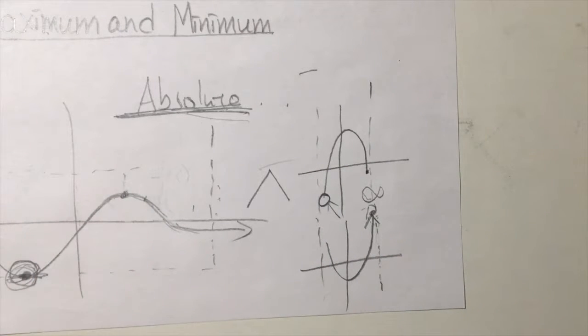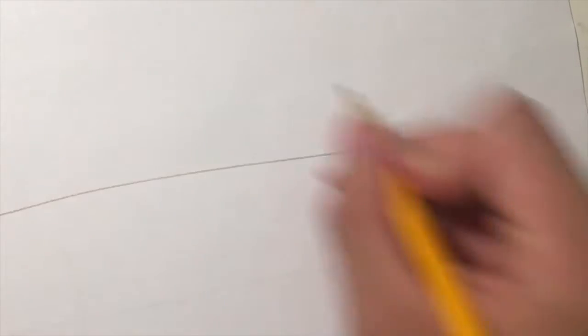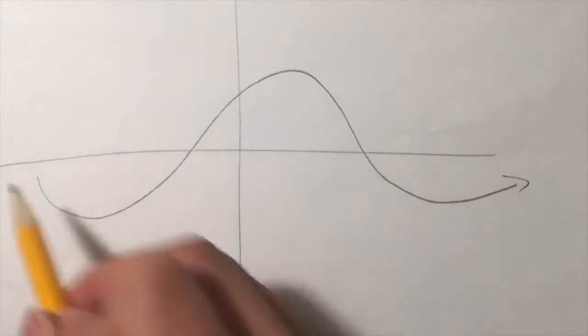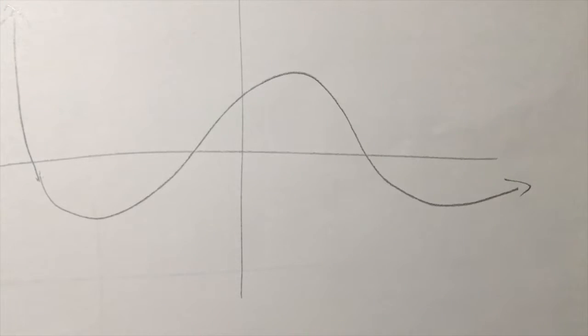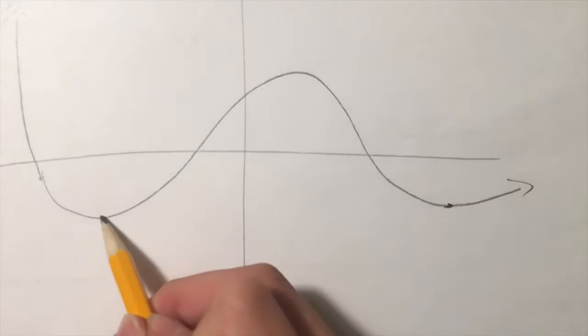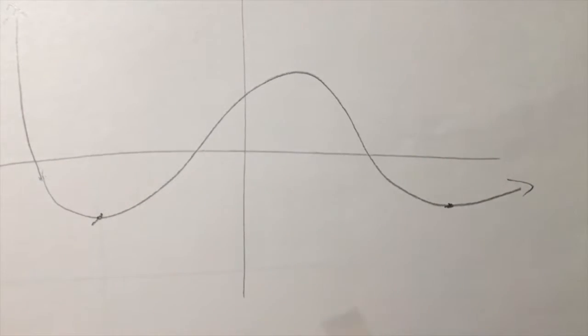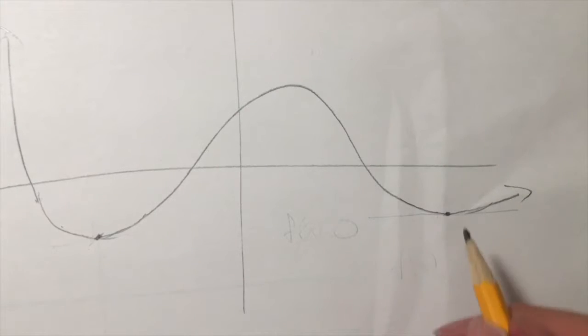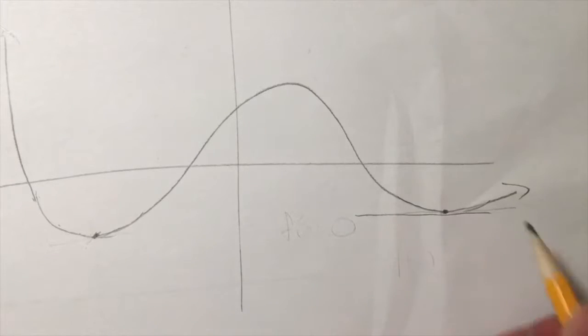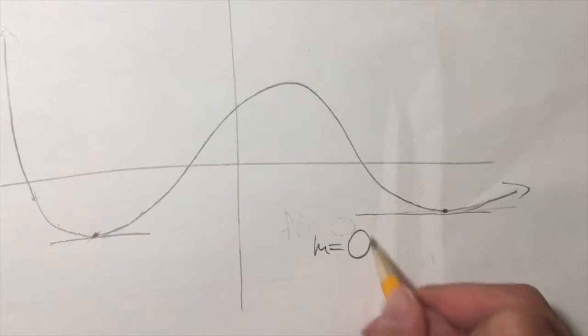Okay, so now we know what an absolute maximum and absolute minimum, as well as a local maximum and local minimum, are. How do we find them? Let's take a look at a different function, say something like this. From what we've just learned, we know that this, as well as this, are local minimums. If we take a look at these points, we can note that the tangent line at these points has a slope of 0.